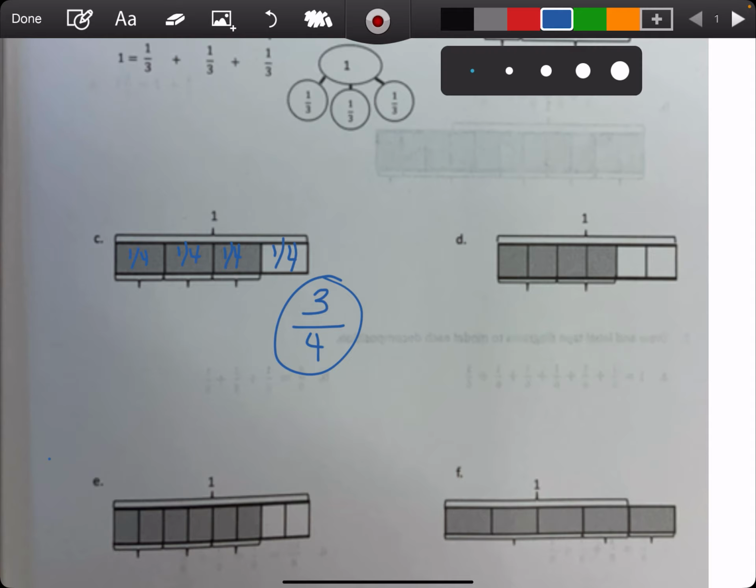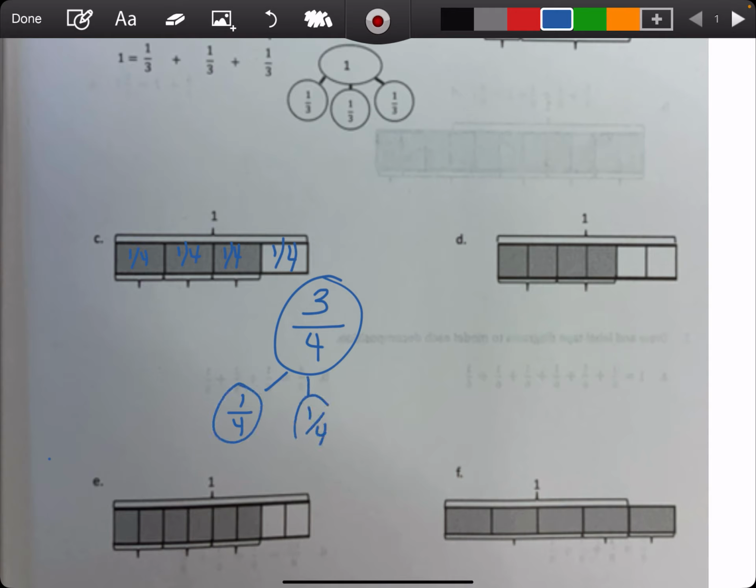So here, I'm breaking up into 1/4, 1/4, and 1/4. Okay, so that's 3/4. So if I wanted to write it here as my number sentence, it would be 3/4 equals 1/4 plus 1/4 plus 1/4. That is the number sentence that matches the diagram I have here.